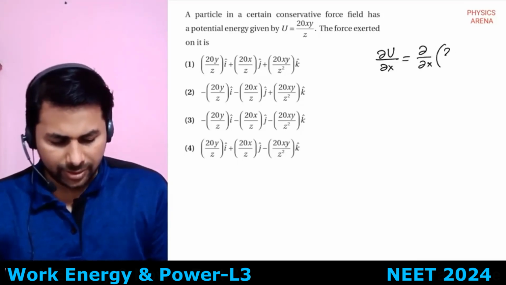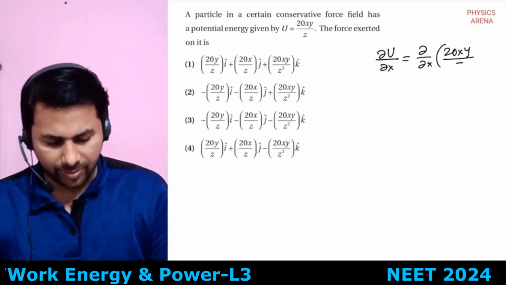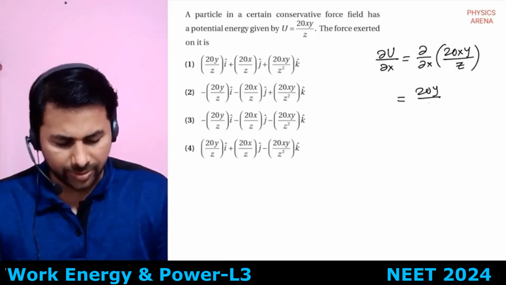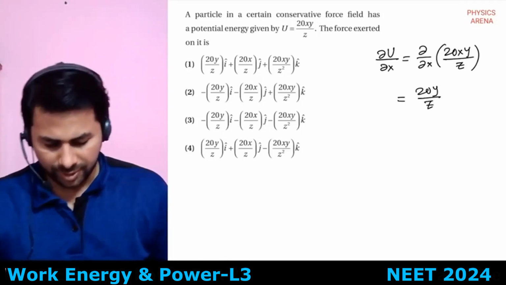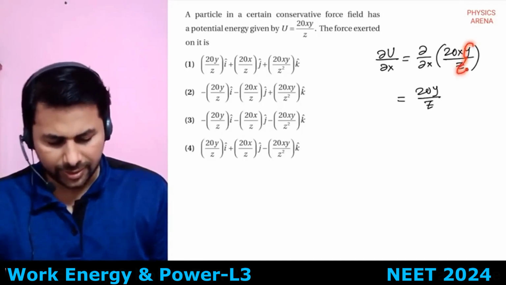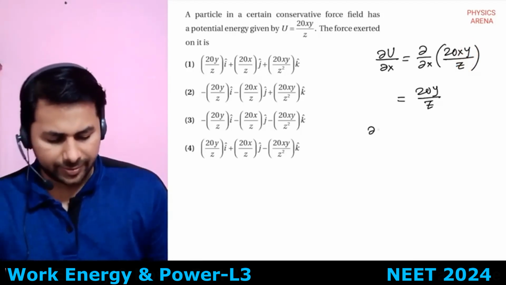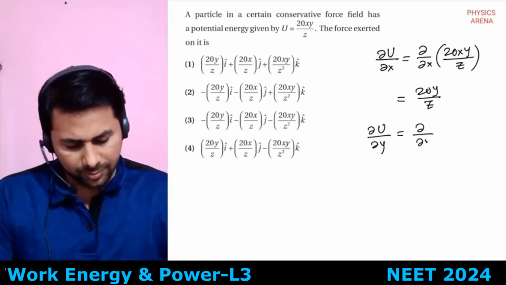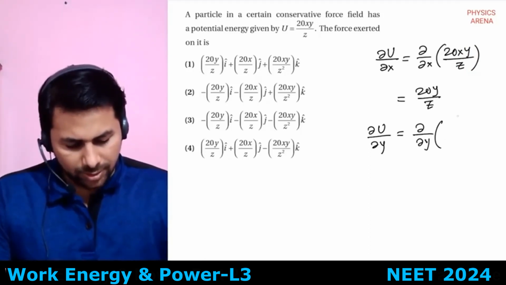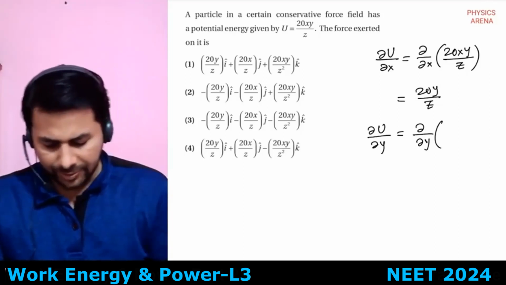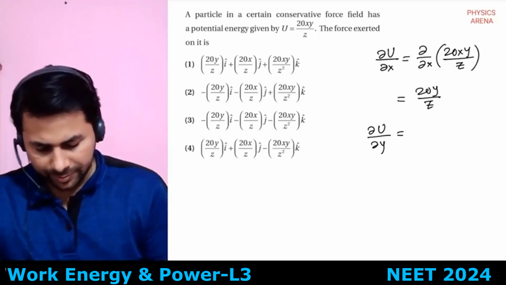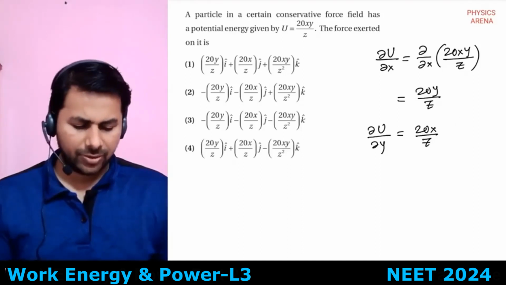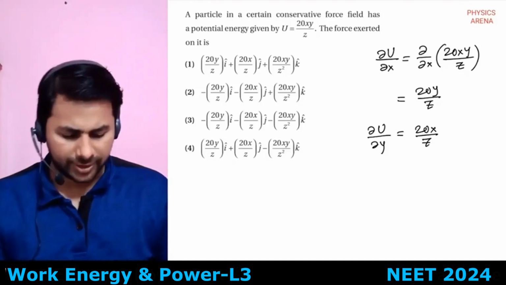It is 20xy upon z, where y and z will be constant, so 20y upon z. With respect to y, x and z will be constant, so we can take them outside. So 20x upon z, and the derivative of y with respect to y is just 1.